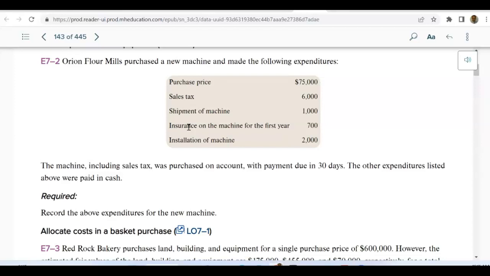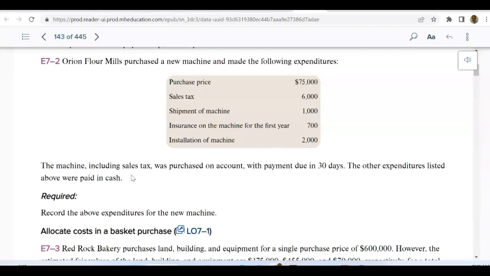But this is insurance for the first year. That is insurance expense. It will be expensed immediately, but the cost of the machine should be capitalized. Installation of the machine is $2,000. That's part of the cost of the machine to be capitalized.